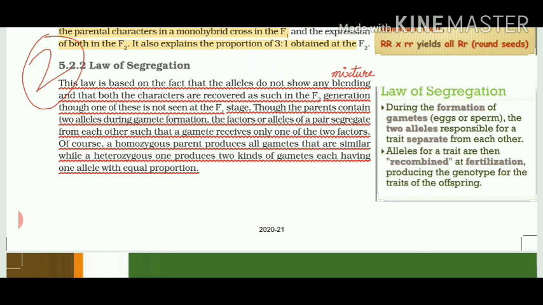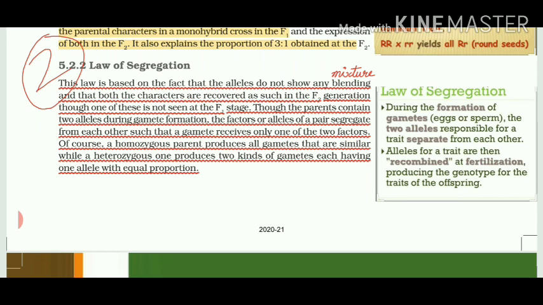It means pure tall was found in the F2 generation, hybrid tall was also found in the F2 generation, and even the dwarf characteristics, which were not appearing in the F1 generation. There were no dwarf plants and no pure tall plants appearing.